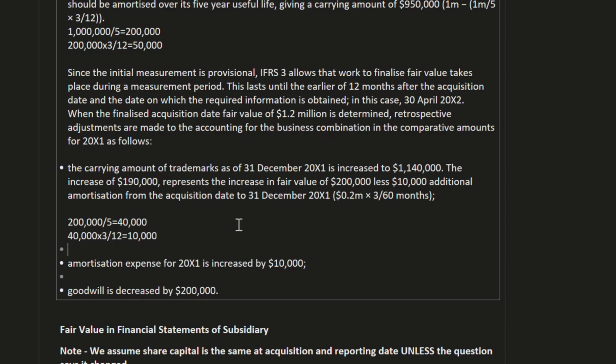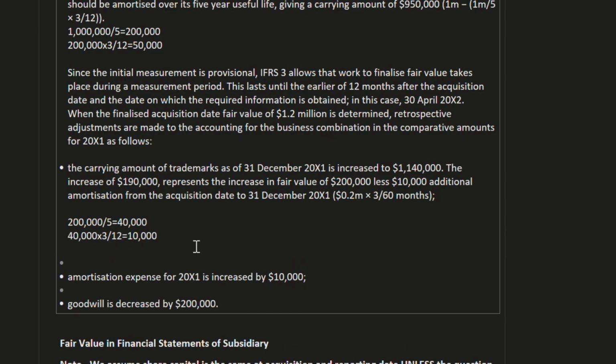And now we need to find the total carrying value at the end of 31st December 2021.